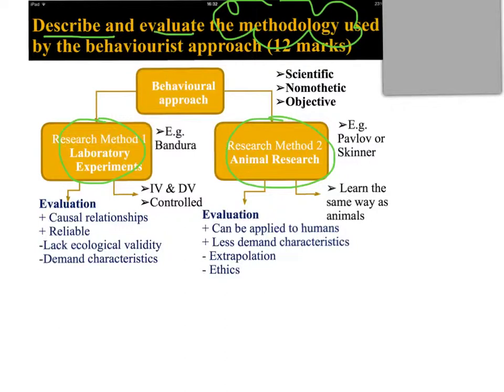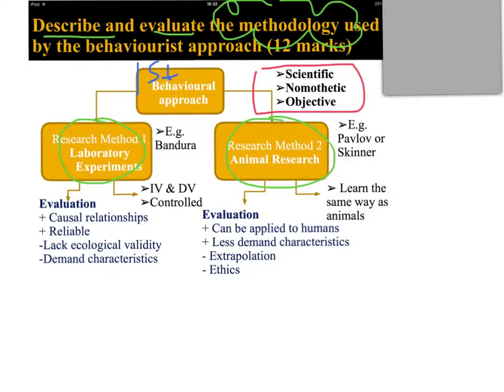So, in answering your question, the first thing you need to do is introduce the behavioural approach. One thing you may want to do, if you're looking for a high-end answer and you're able to do it, is to justify why they use the methods they do. So state that the behavioural approach takes a scientific route in understanding human behaviour, and so requires evidence that it's scientific, and that they wish to establish rules of behaviour, and that is why they are nomothetic.